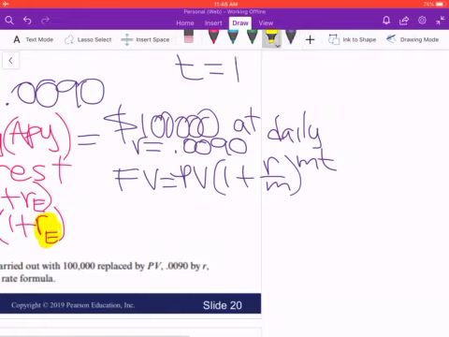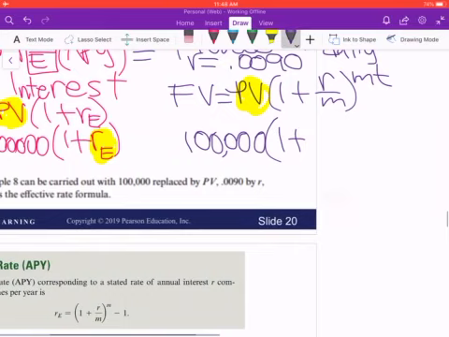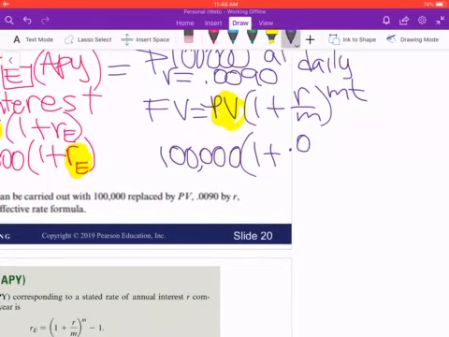So we substitute again present value with 100,000. 1 plus, we use the rate given to us. This is daily, so we need 365 here.